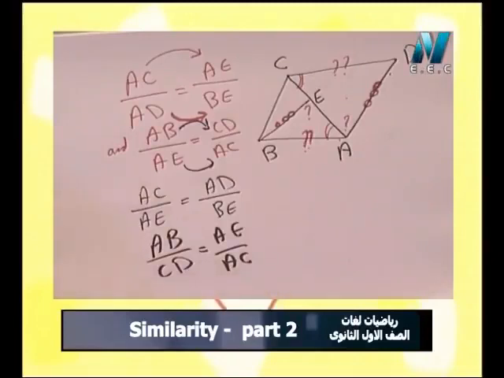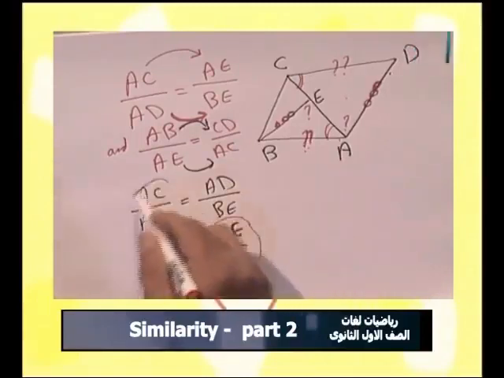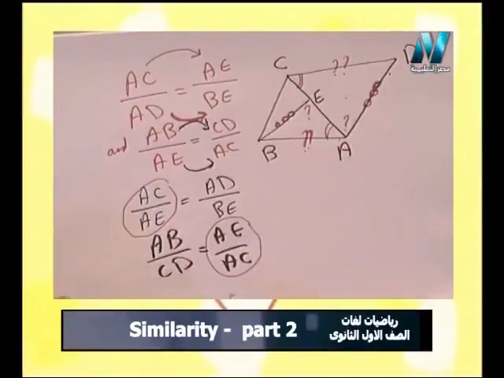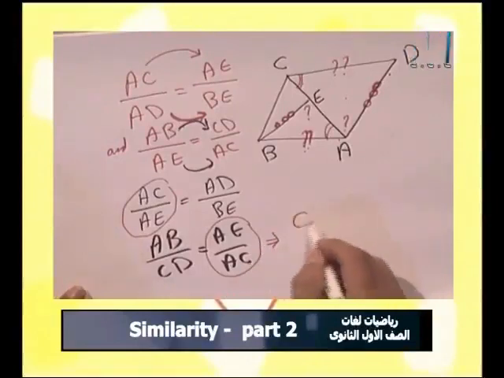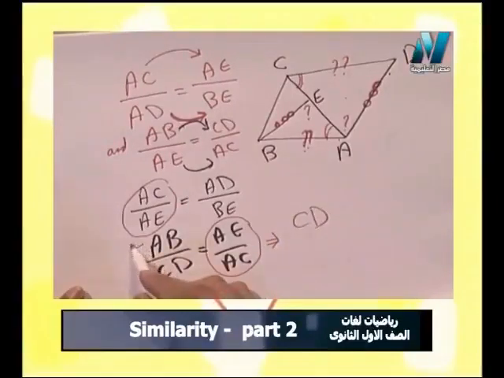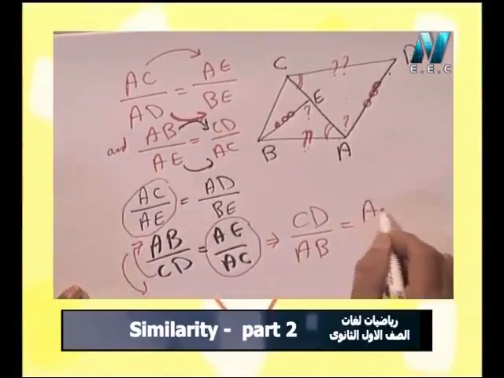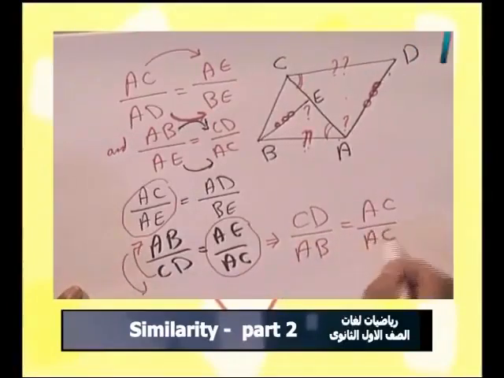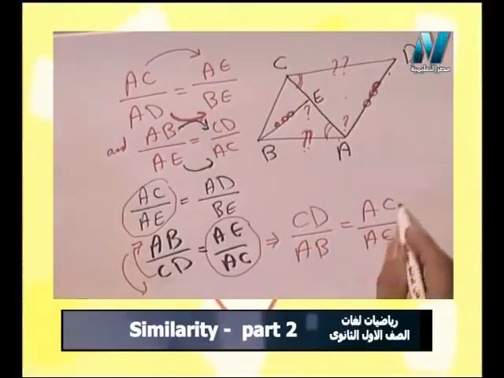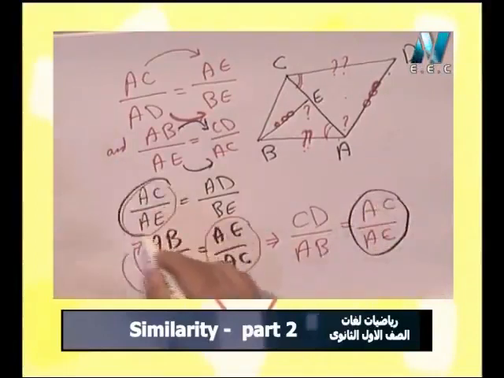You can notice that this ratio is the same as this one, but reciprocal. So we can put CD instead of AB and vice versa: CD over AB equals AC over AE. Yes, now we succeeded in finding that AC here is the same as there.